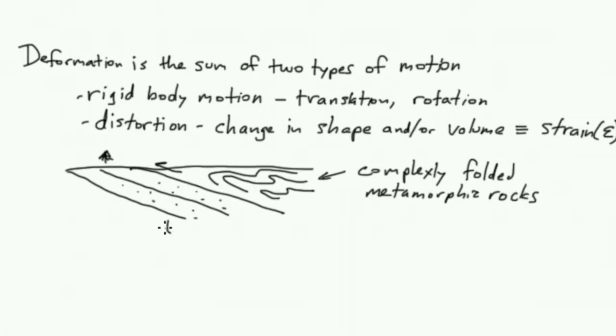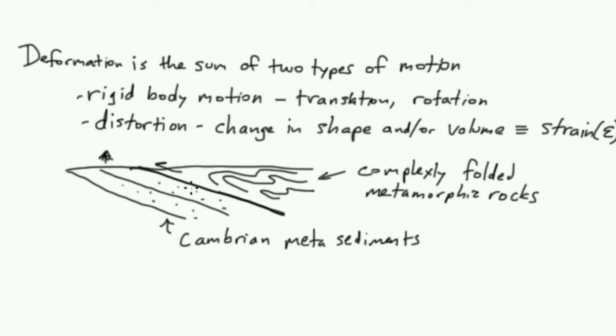And underneath, these are Cambrian-aged metasediments. This structure here is a fault. So we have both examples here.